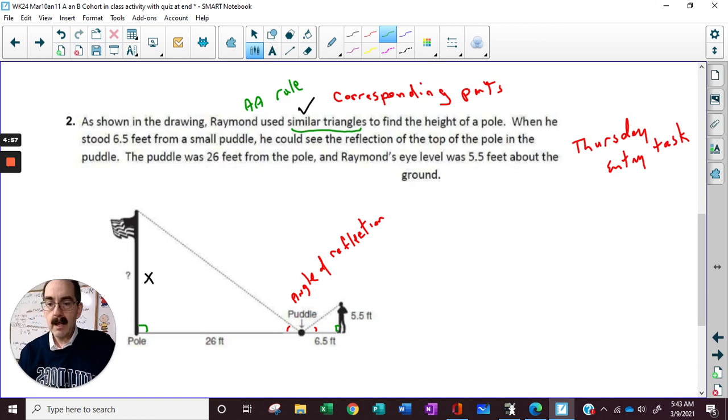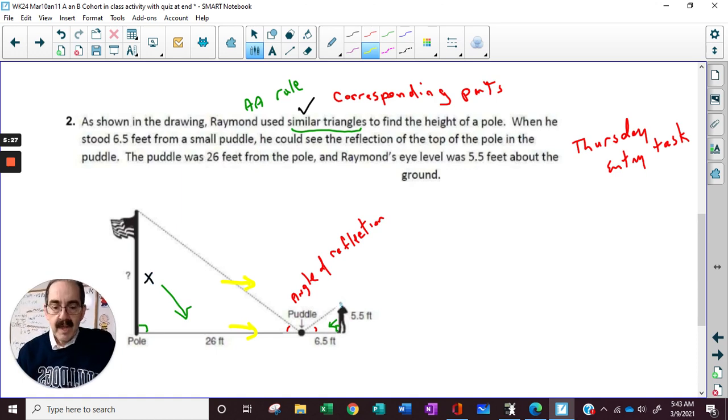You pick. There's nothing wrong with going x to 26, 5.5 to 6.5, or x to 5.5, 26 to 6.5. Or you can go up or you can go back. As a teacher, when I was in school, we always went the same way we read, from left to right.